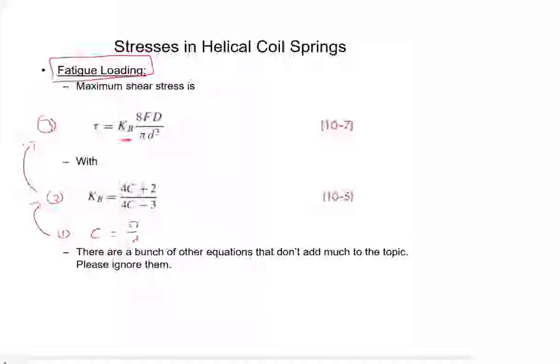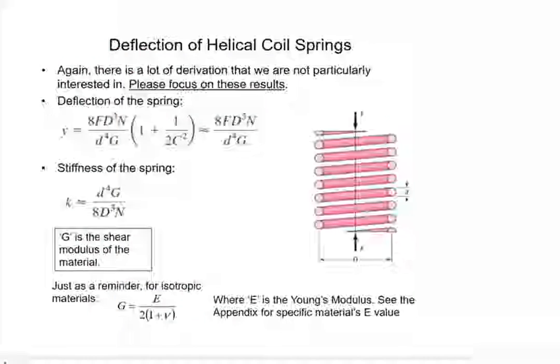And again, there are a bunch of other equations that don't add much. Please ignore them. So this is the meat and potatoes of this stresses section on maximum shear stresses. As far as deflection goes, you can pretty well ignore this and skip right to that.